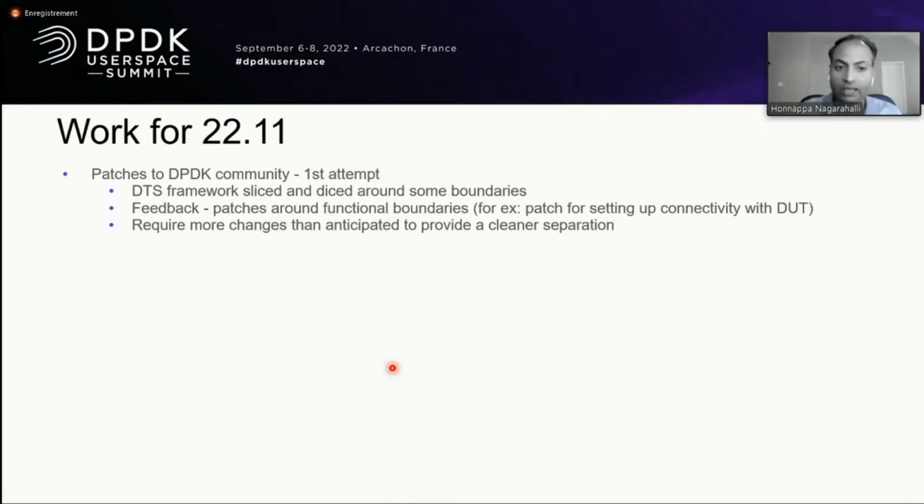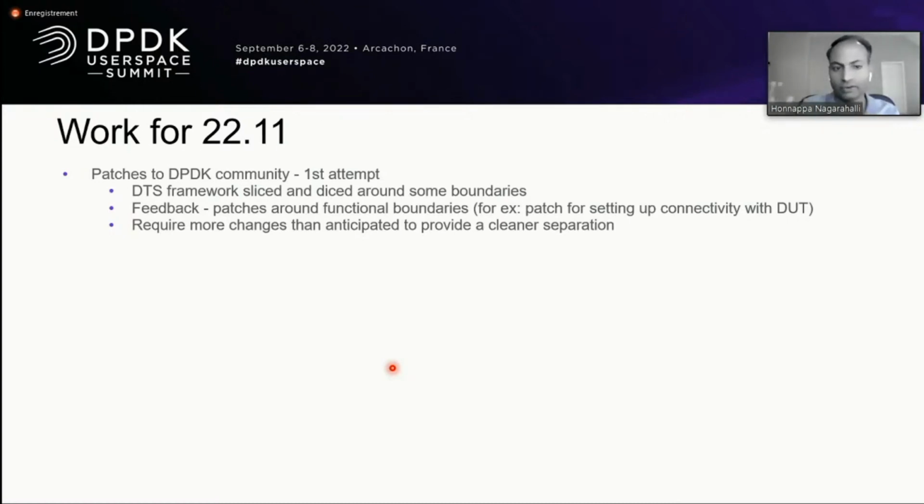But we received a lot of good feedback, and that made us think through how we want to achieve this. We received feedback from Samar, David, and others in terms of what they would like to see. They wanted to see patches in small quantities.